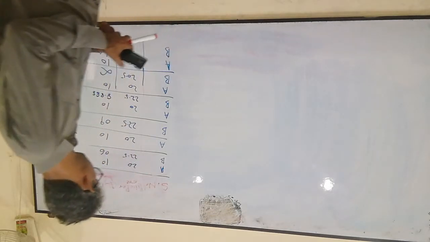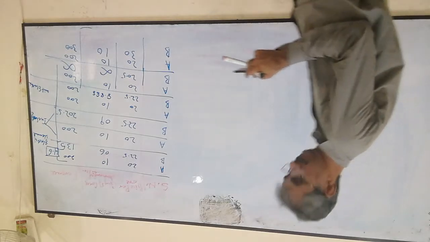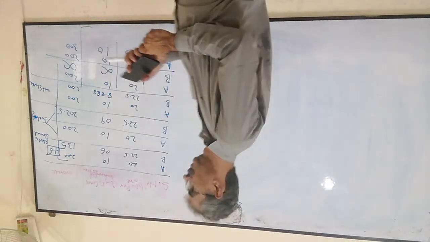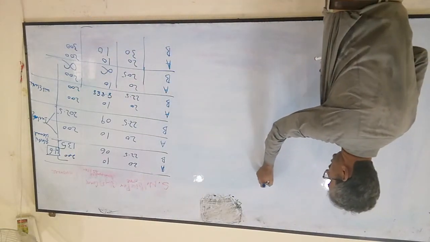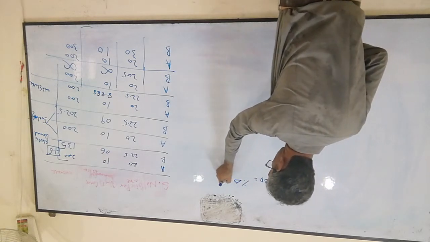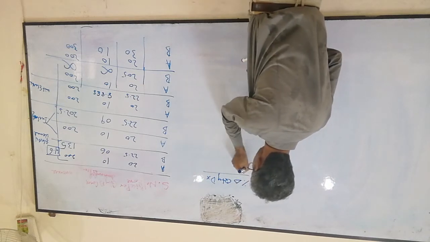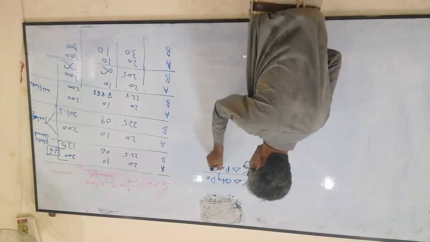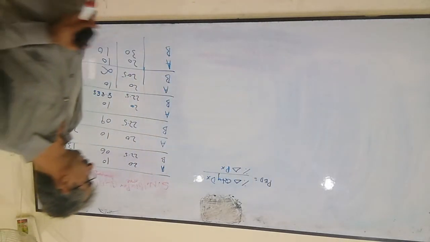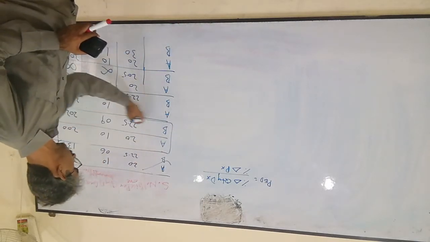So again we calculate the price elasticity of demand. The price elasticity of demand is the percentage change in the quantity demanded of X divided by percentage change in the price of X. X means the name of the product. So here we have these figures. We have already solved this one. Now we want to solve this one.